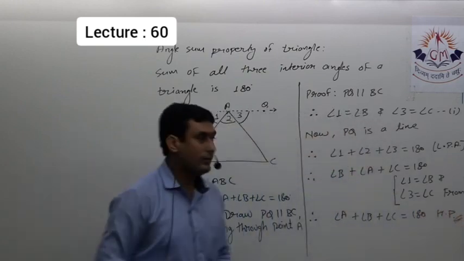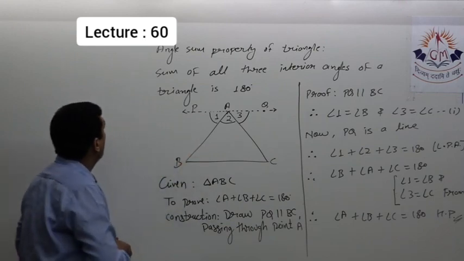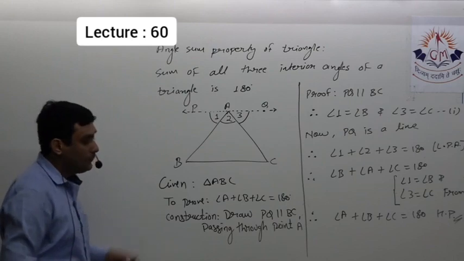So this gives the proof that the sum of all three interior angles of a triangle is 180 degree. So please note it down.